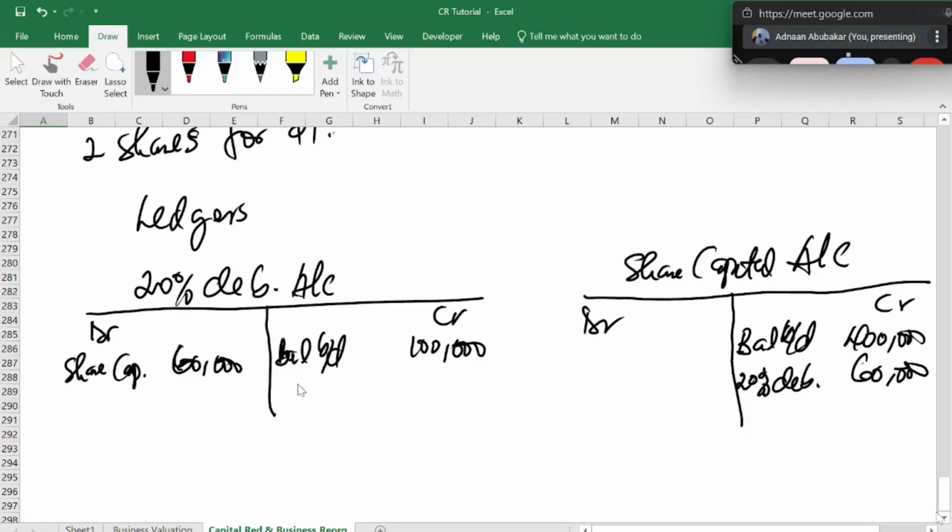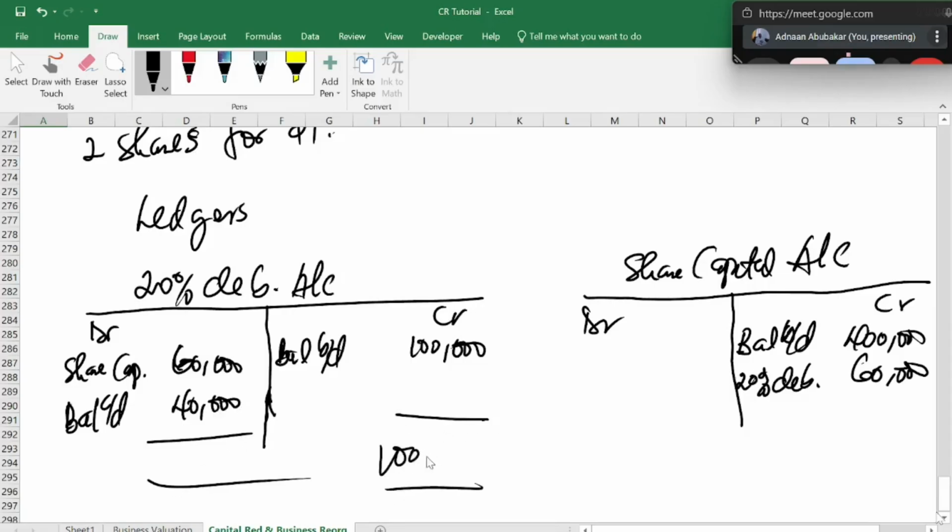So here your balance carried down will be 40,000. You close the account here.